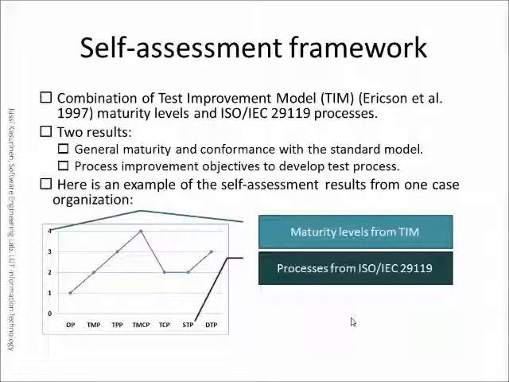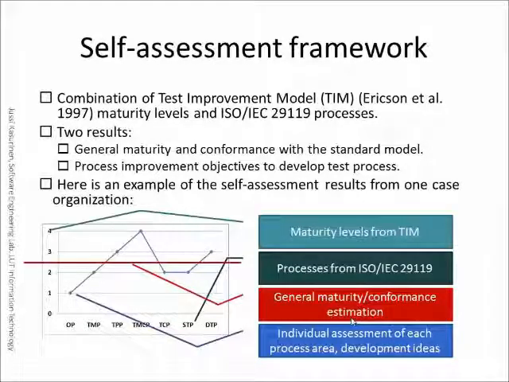The maturity levels are from the test improvement model, meaning it's the same thing I said just before. Are we doing something? Which is documented or generally agreed how it's done? Is it cost efficient? Is it avoiding risks? Is it optimizing things?